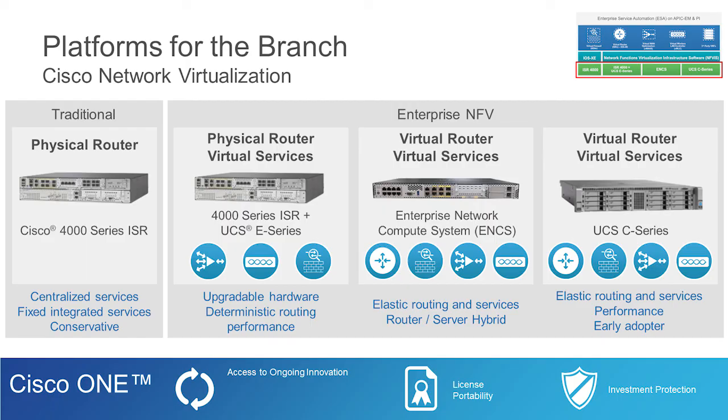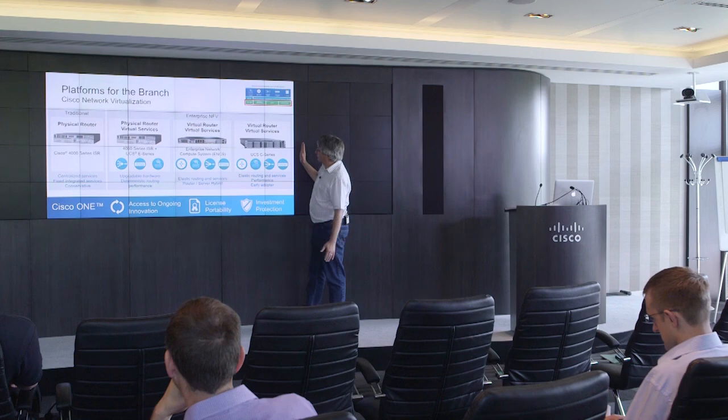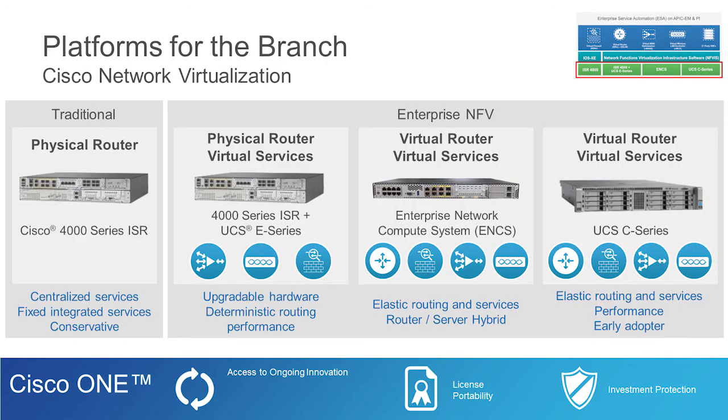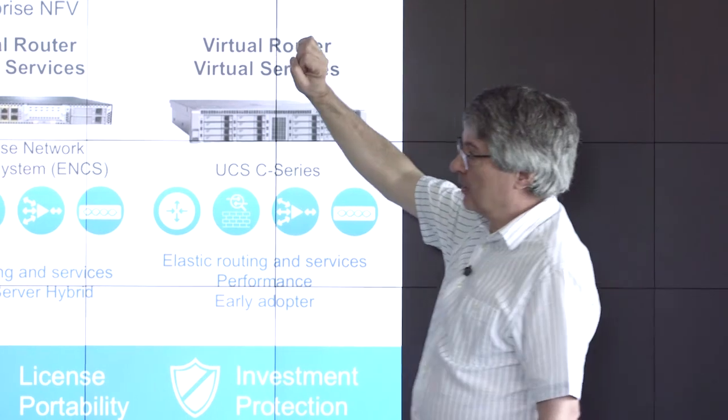Under ESA and Enterprise NFV, you can stick a UCS series behind the existing switch and routing, and you can then deploy virtual services on top of that. But everything in here is software only. So when we're talking about the vSwitch, for example, that's just a software platform running on an x86 server. But this can scale those services much quicker and easier.